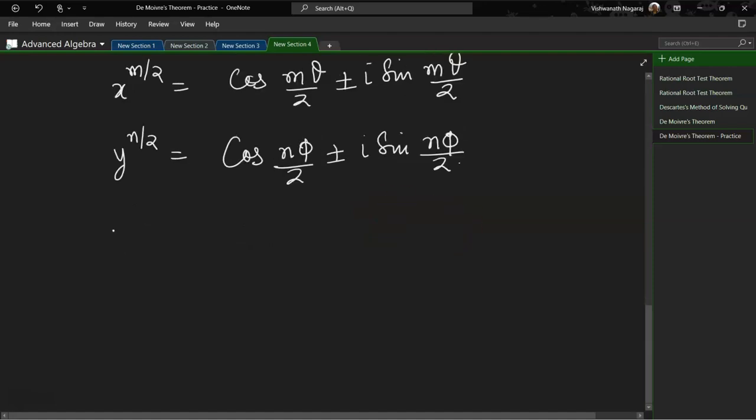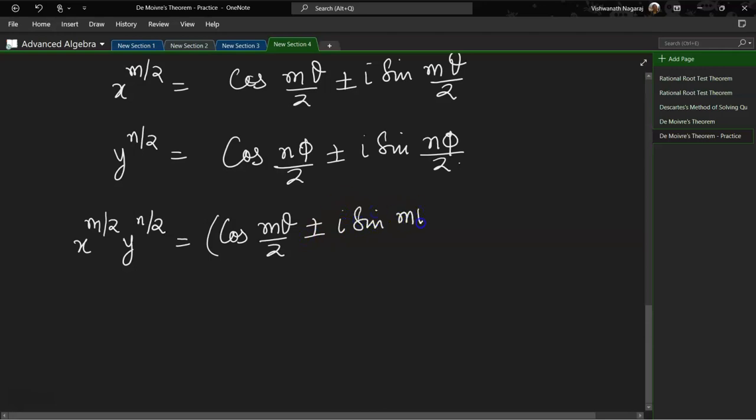Now we need the product of this. So x to the power of m by 2 times y to the power of n by 2. We just multiply these two: cos m theta by 2 plus or minus i sin m theta by 2, times cos n phi by 2 plus or minus i sin n phi by 2.